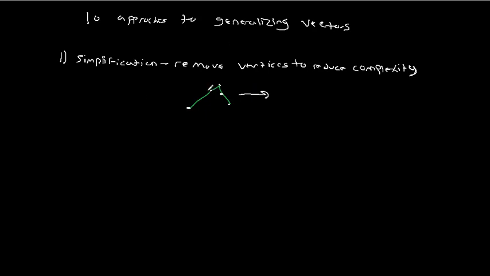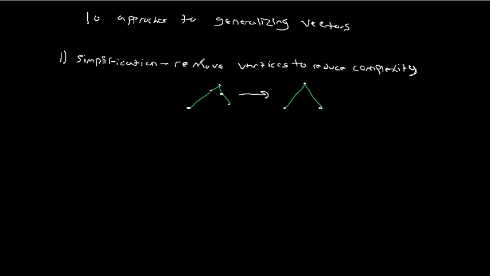Right? Maybe we could remove this vertice and this vertice. Right. So you can see here we've reduced complexity by removing 2 vertices, but we've kept the same general shape.